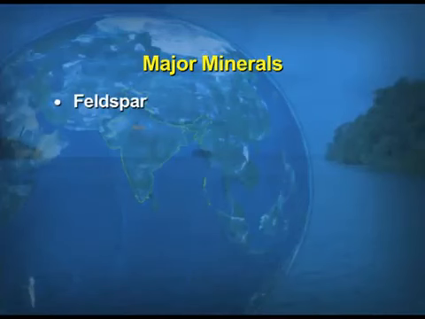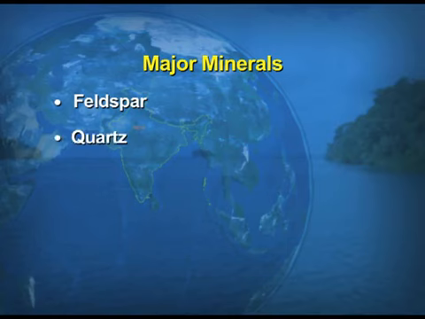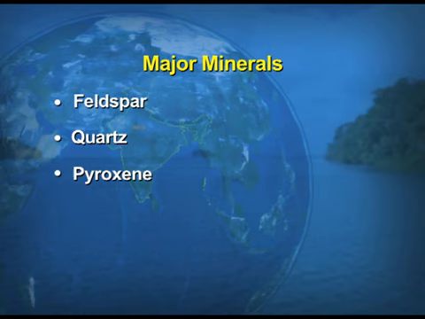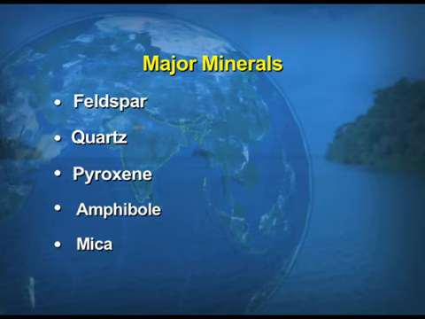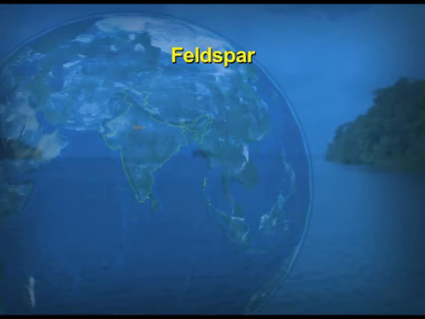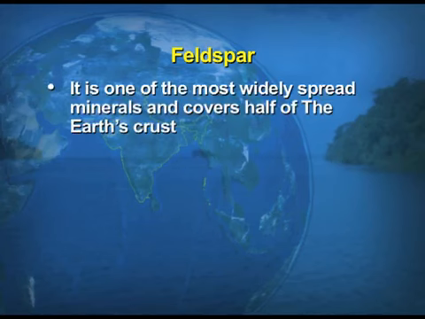The first is feldspar, number 2 quartz, number 3 pyroxene, number 4 amphibole, and number 5 mica, because these are the major types of minerals which we will be taking up one by one. Now, first we take up the feldspar. It is one of the most widely spread minerals, which covers half of the earth's crust.